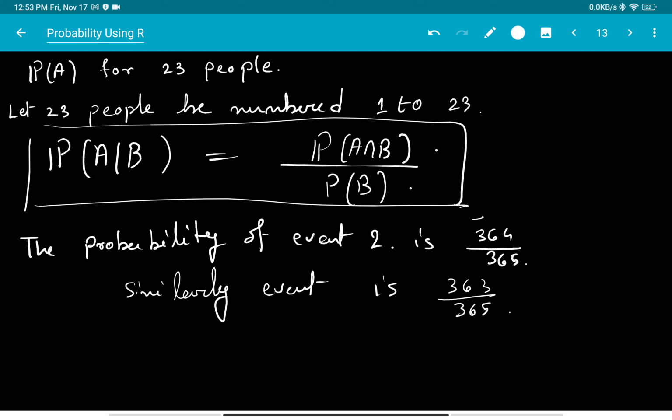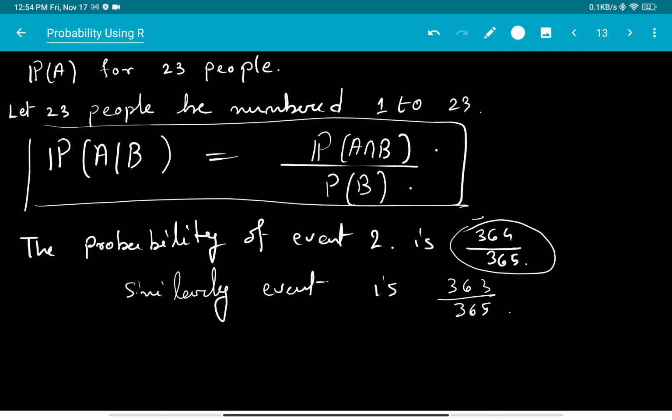Okay, maybe I have made something wrong, wait. Yeah, correct. So the probability of event 2 is 364 over 365, as person 2 may have any birthday other than the birthday of person 1.